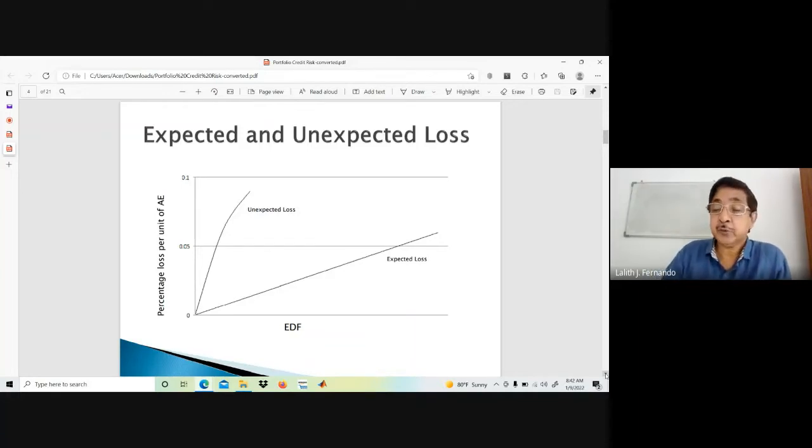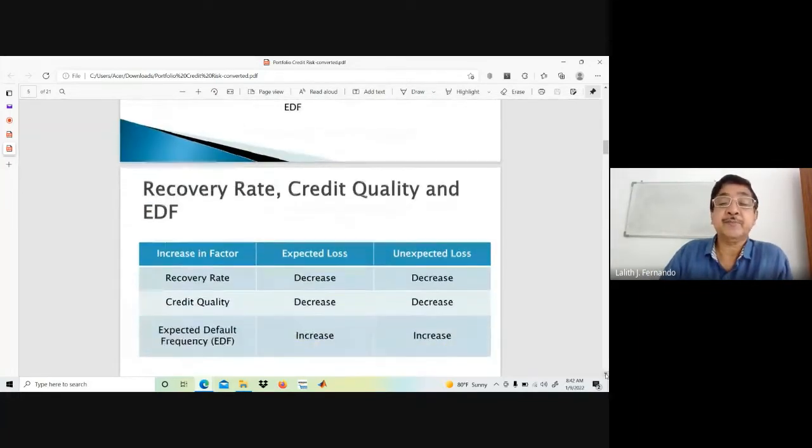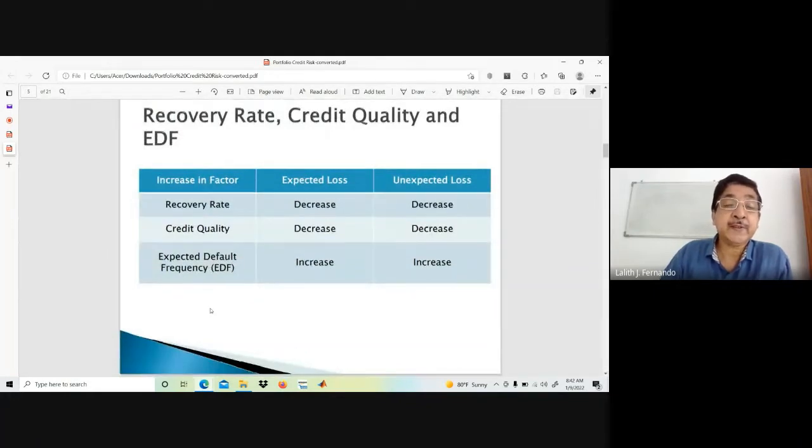So then we need to go to the calculations. Now look at these factors, and when you increase different factors, which we want to go through, how the expected loss and unexpected loss behave. Look at the first one, the recovery rate. When recovery rate increases, what will happen to the expected loss?